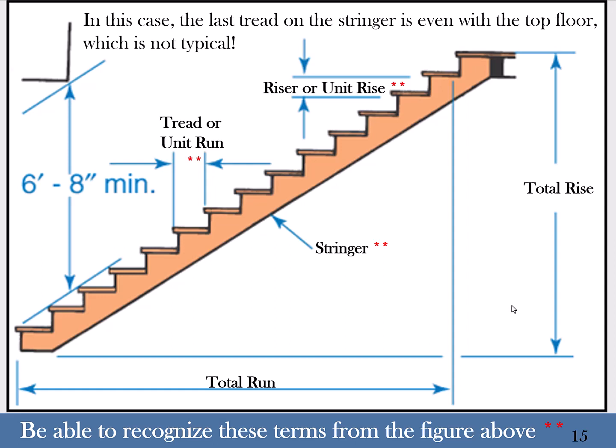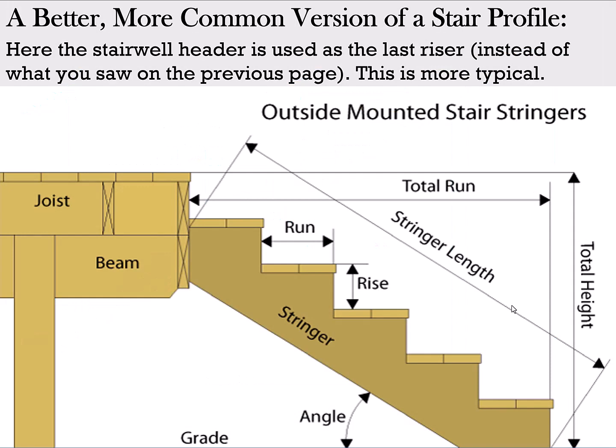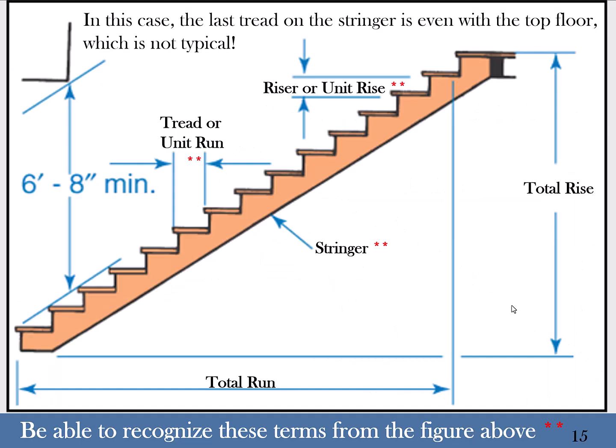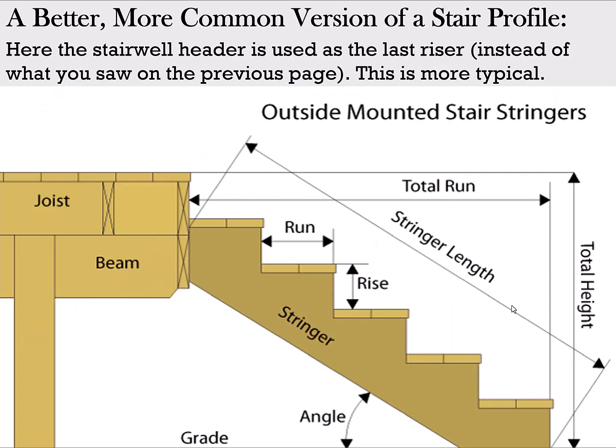What's common, like 95% of stairs, are going to be set up like this, where the stringer is mounted to the header of that framed opening for the stairs, where your last step off of the stringer is up onto the floor system. That is the vast majority of how stairs are done, not like this picture where it's even with the top. There are all kinds of problems with doing it that way. But anyways, this is the default, and this is what we will use for all of our stair calculations. It's what mostly applies anyways.